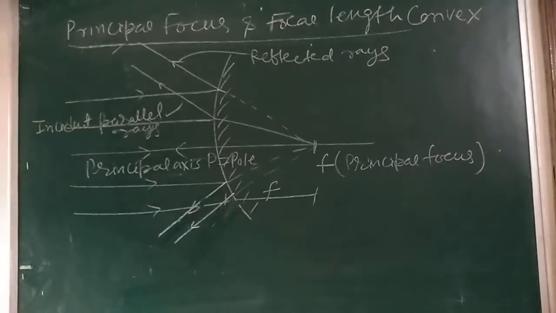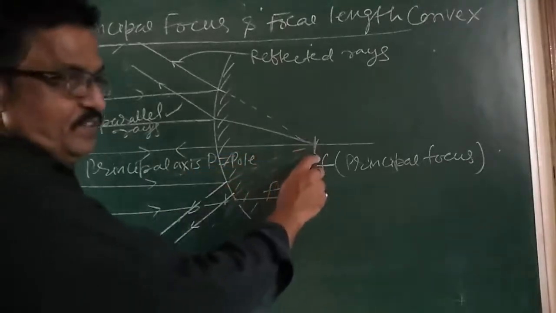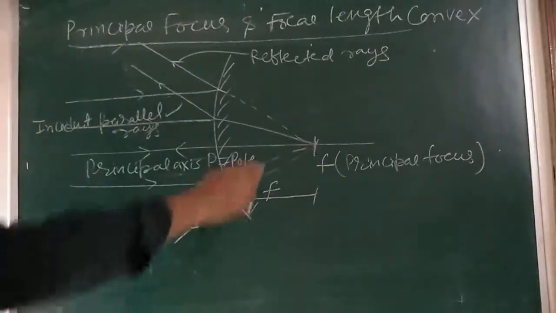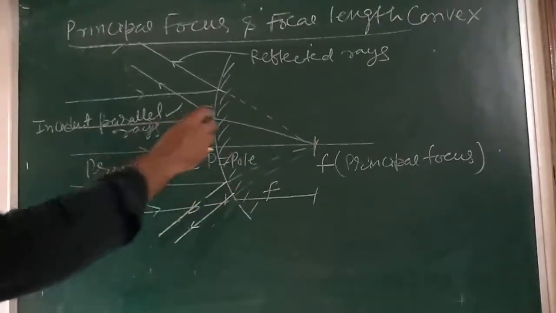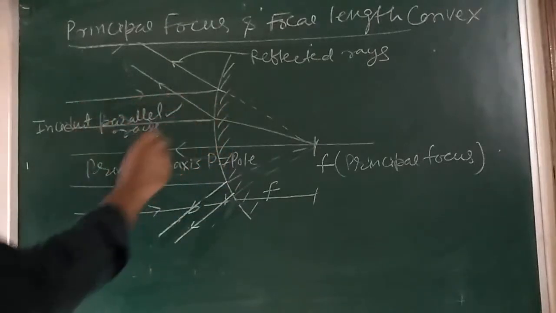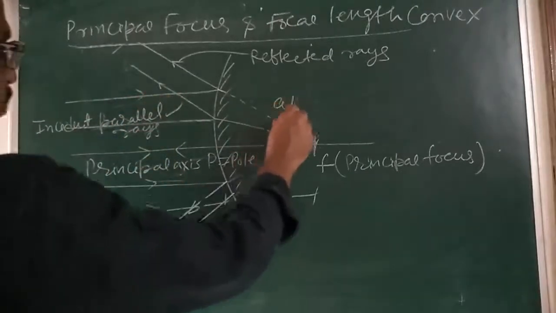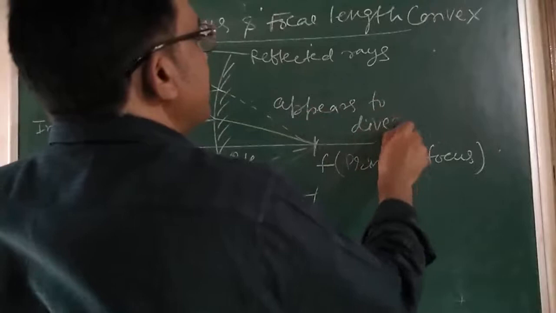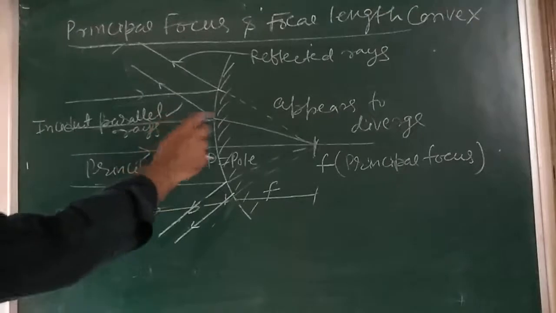Now, the principal focus of a convex mirror is a point on the principal axis of the mirror from which the rays of light incident on the mirror in a direction parallel to the principal axis appear to diverge after reflection from the mirror.